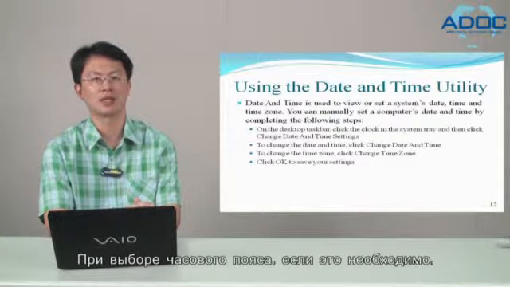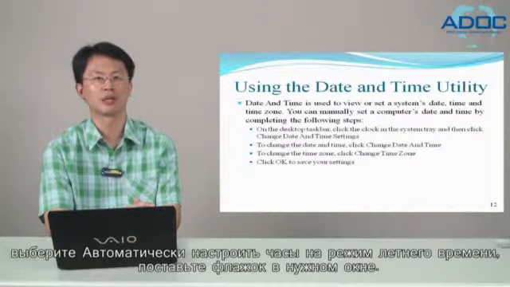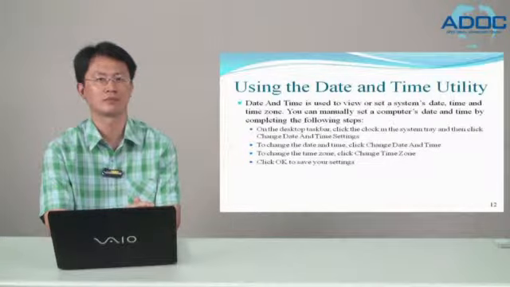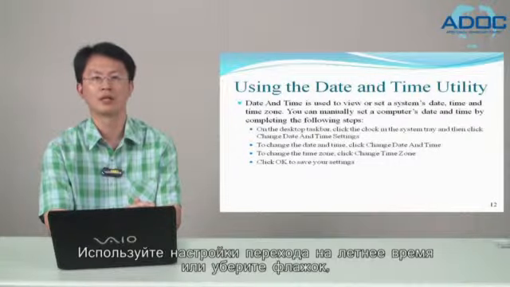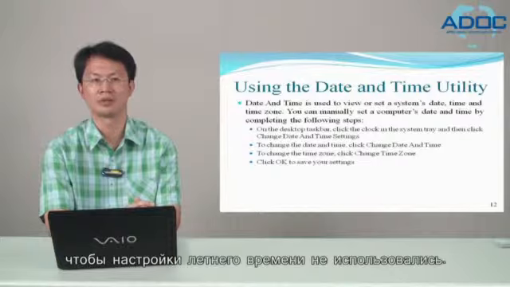If you select a time zone where this is applicable, you will be able to select the Automatically adjust clock for daylight saving time checkbox. Use daylight saving time or clear this checkbox so that daylight saving time is not used.